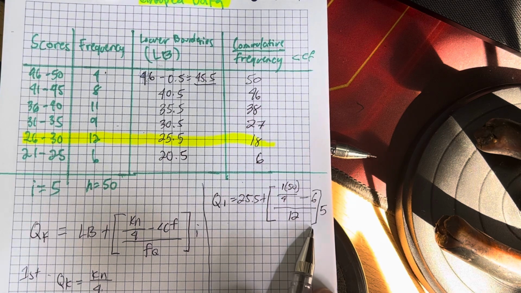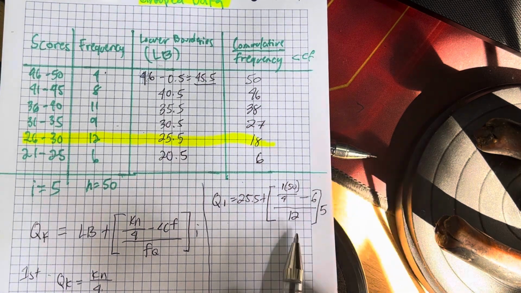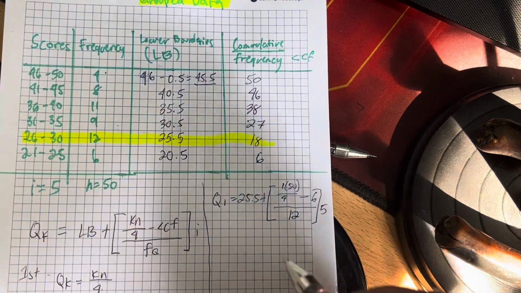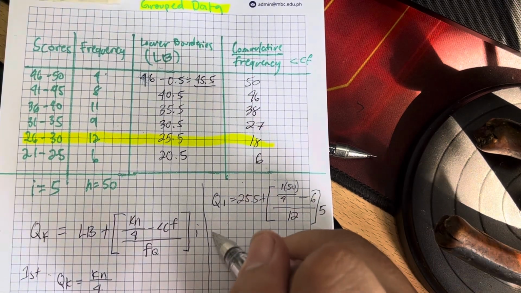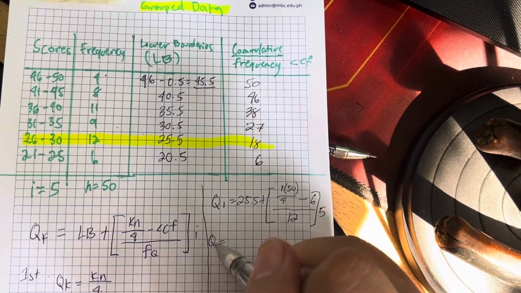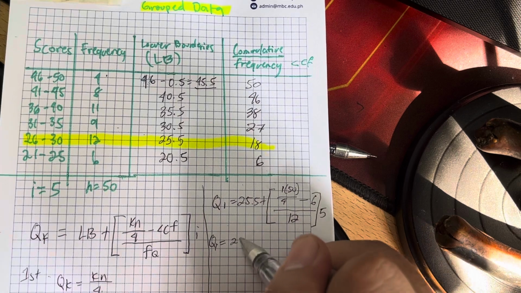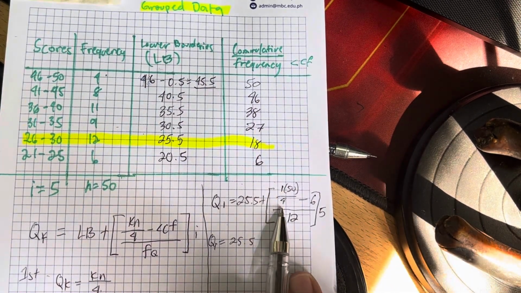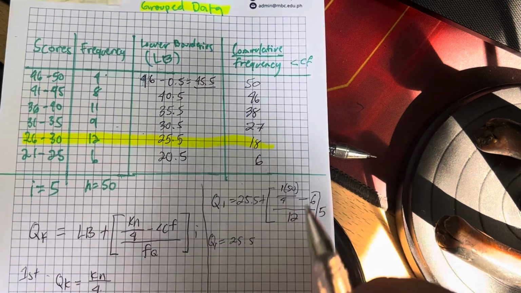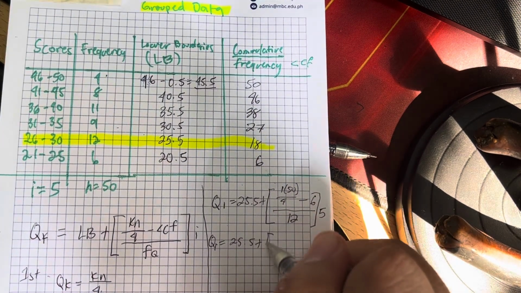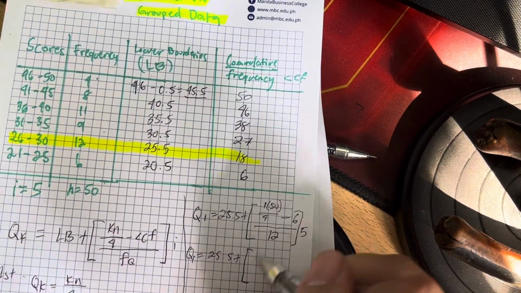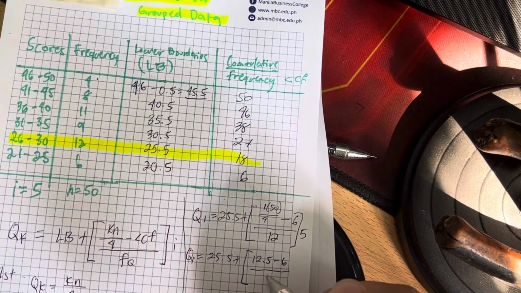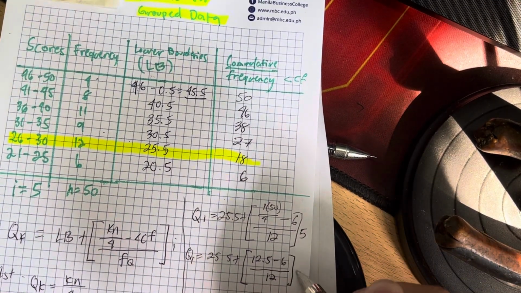First, we need to follow the PEMDAS. Inside the parentheses yung unahin natin before we proceed to the outside of the formula. So Q1 is equal to 25.5 plus 1 times 50 divided by 4, that is 12.5. Don't forget the addition sign. 12.5 minus 6 over 12 times 5.